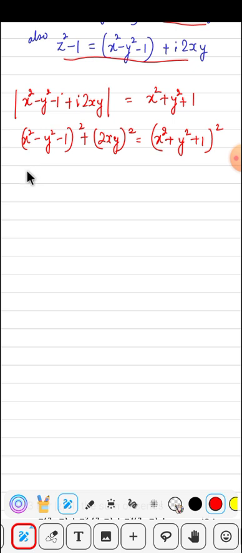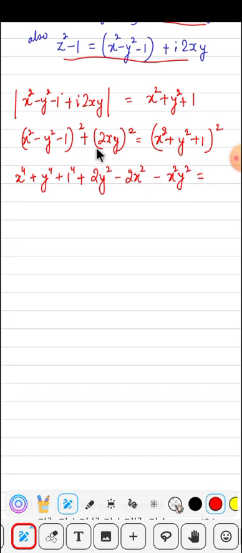Now I know the formula (a + b + c)². What I get is x⁴ + y⁴ + 1⁴ plus, when I multiply this and this, I get 2y² - 2x² - x²y², which is equal to this.